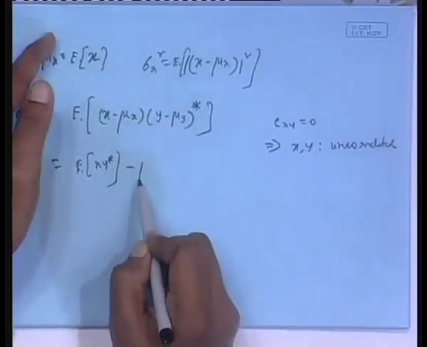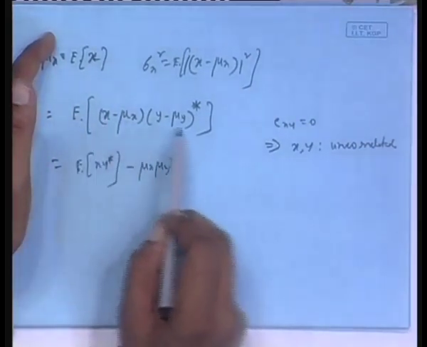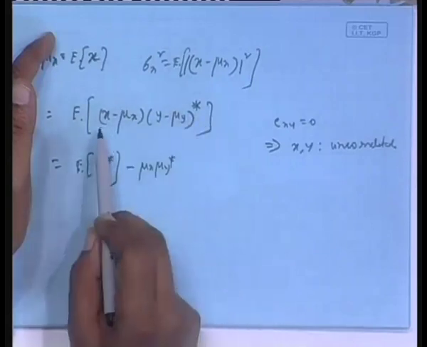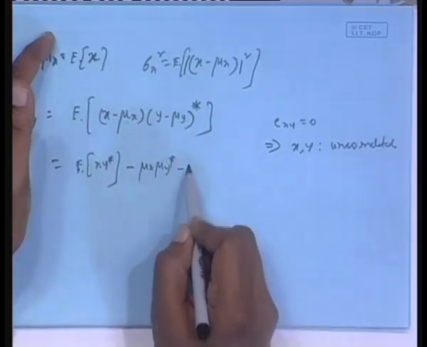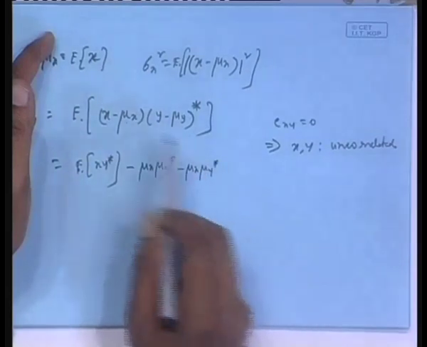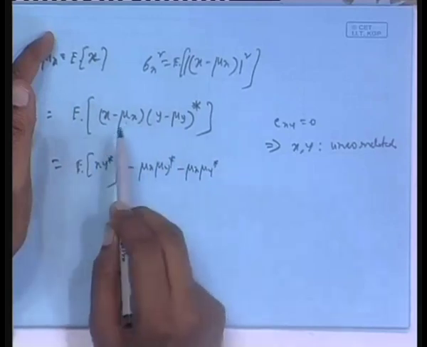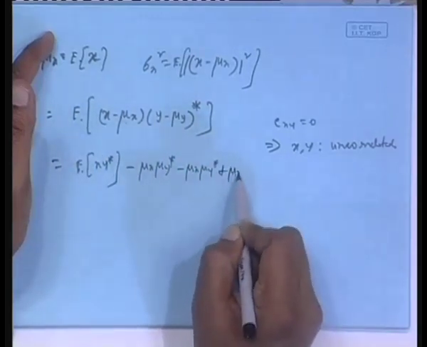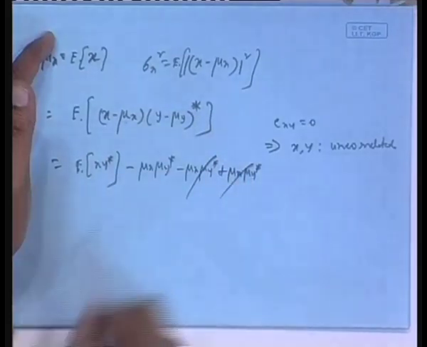So mu x mu y star, and then E of x into mu y star, that is E of x, mu x again, mu y star, and mu x mu y star, both are constants. So no E on that. So these two cancel, you are left with only this.